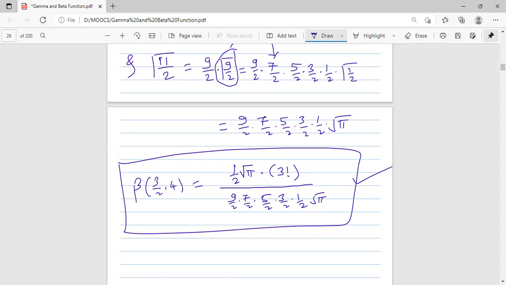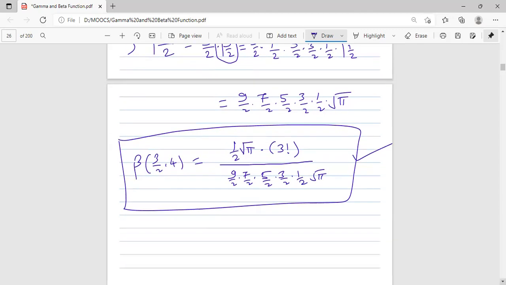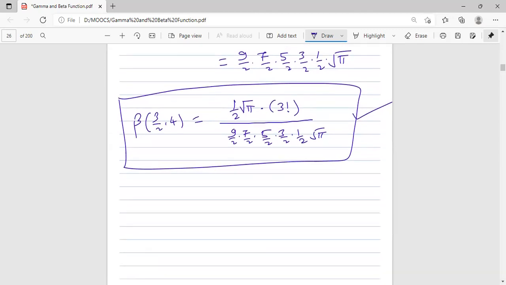And this is the beauty of the beta function as well as the gamma function. We can solve problems when we know the formula or relation between gamma and beta function.